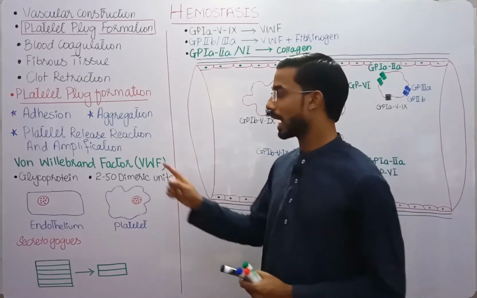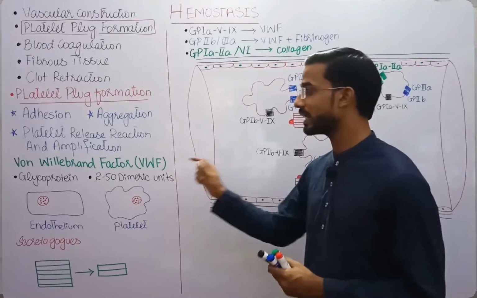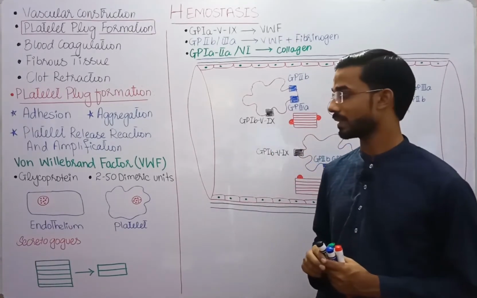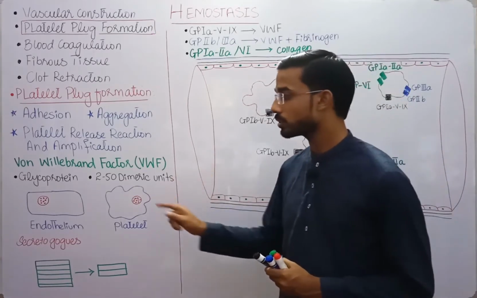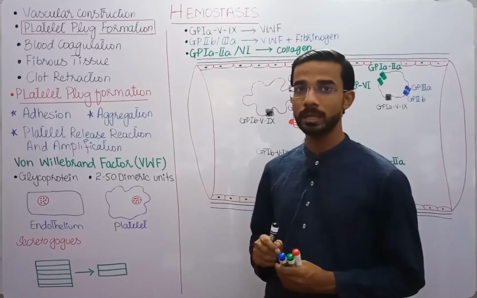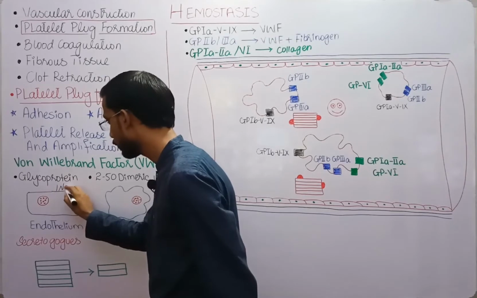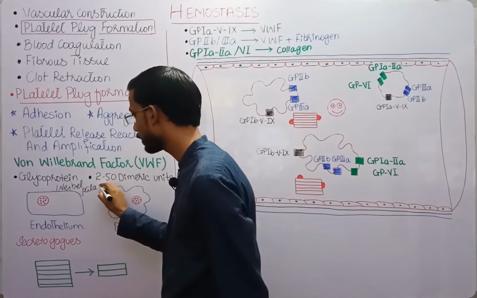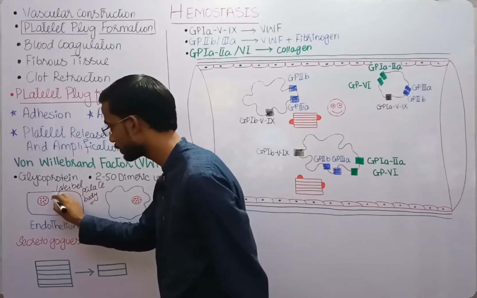VWF is basically a glycoprotein which has different units, 2 to 50 dimeric units, which means they are present in two subunits. Von Willebrand factor is produced by endothelium or platelets. In endothelium, there is a body which is called the Weibel-Palade body, like this.